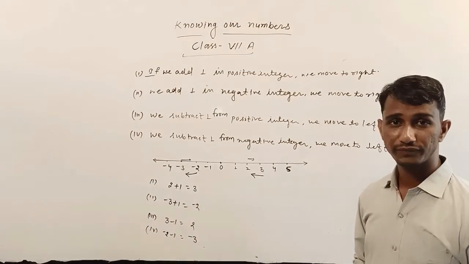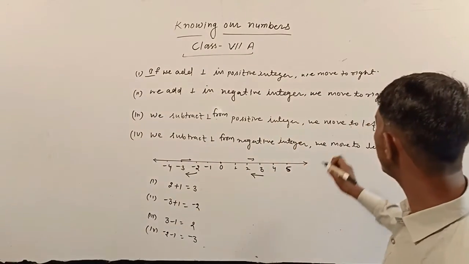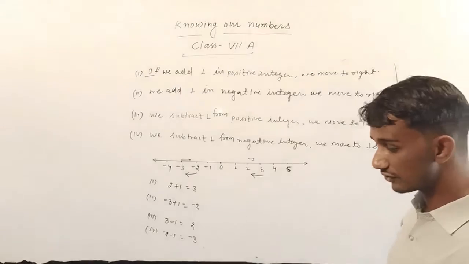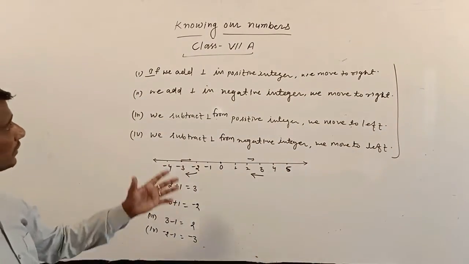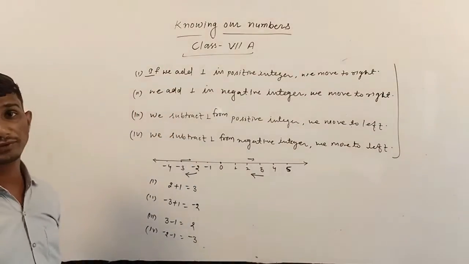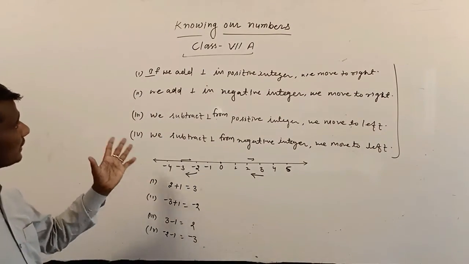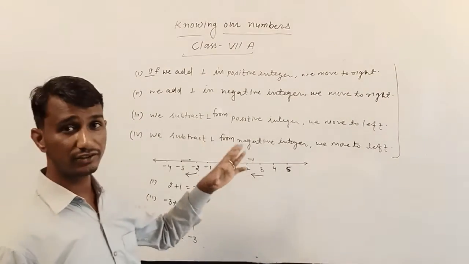Okay, student. In this way you can understand the addition and subtraction of integers, and these are related to your previous classes. But in the next class, in 7th standard, we study the multiplication and division of integers.